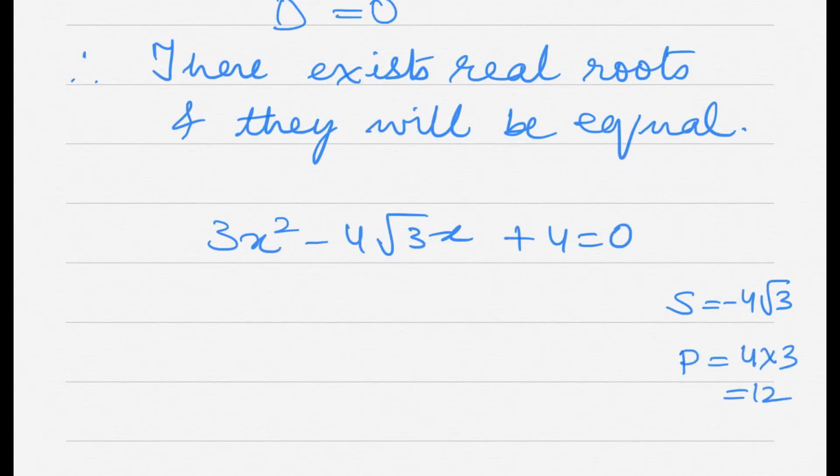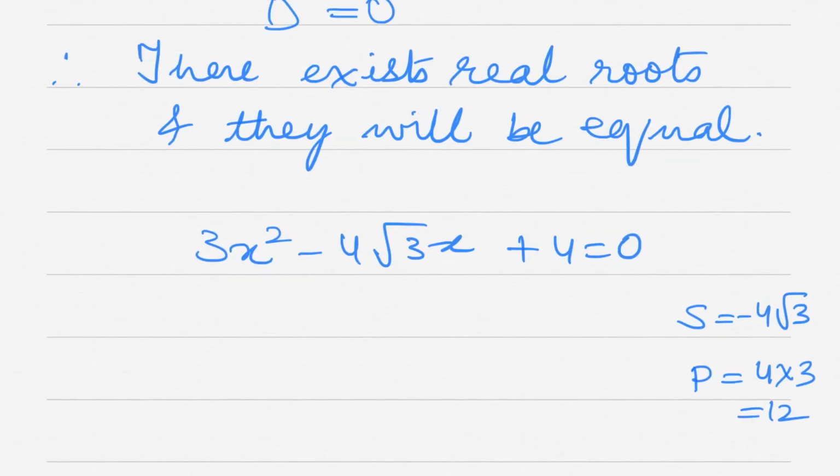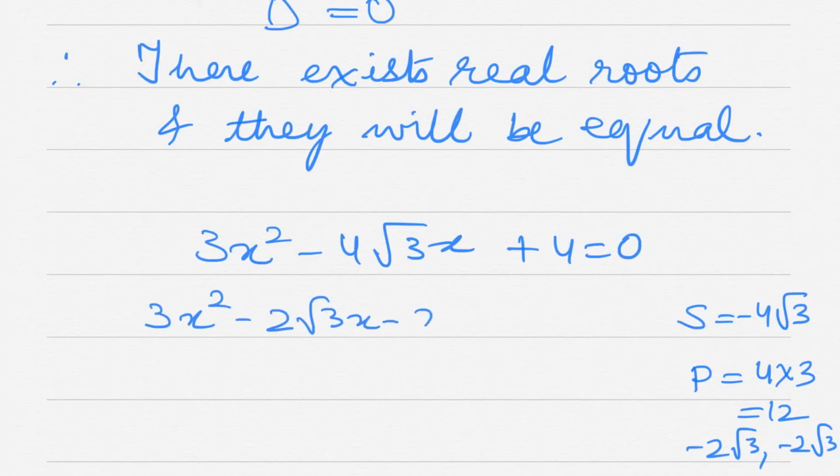So the numbers will be minus 2 root 3 and minus 2 root 3. The sum gives me minus 4 root 3 and the product gives me 12. So let's split: 3x square minus 2 root 3 x minus 2 root 3 x plus 4 is equal to 0.